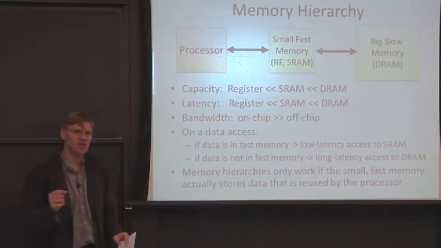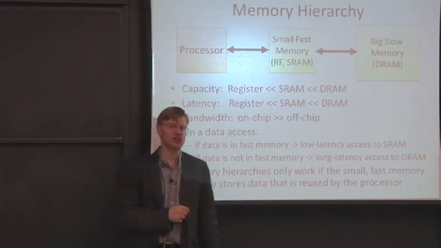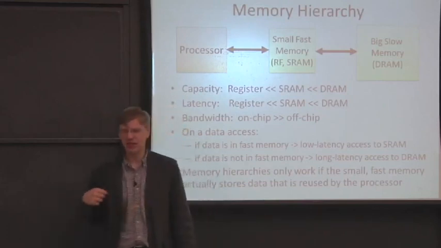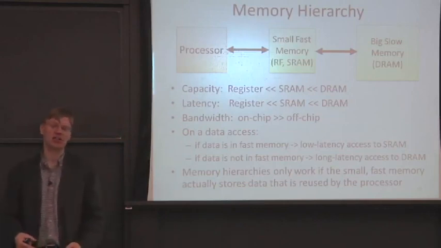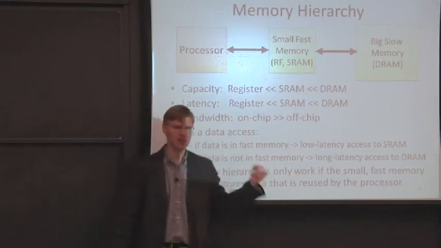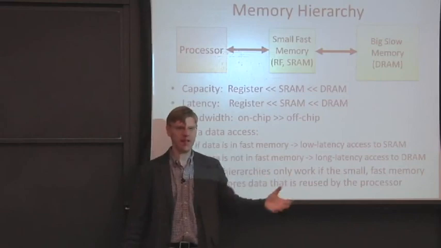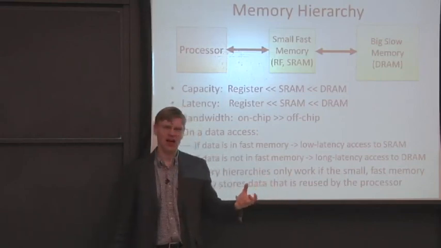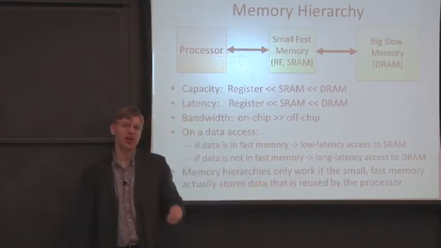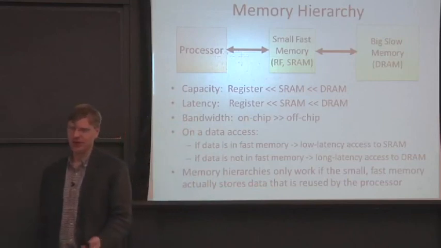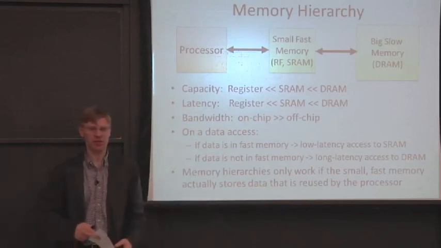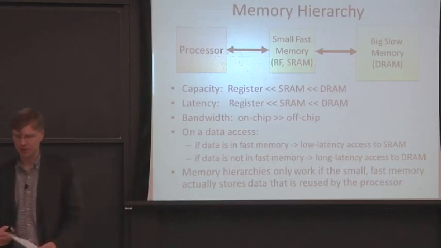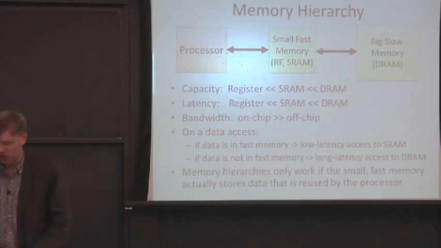And this is one of the key insights of what a cache is: when we build a memory hierarchy like this and introduce something like a cache, by finding the data nearby that's going to be faster to access, we need to find the data there with high probability. Otherwise, we should have just not built it and gone out to main memory all the time. We were just wasting everyone's time and area and cost. So memory hierarchies only work if your fast memory is actually useful.